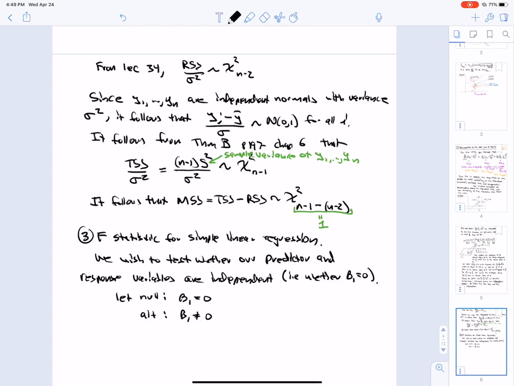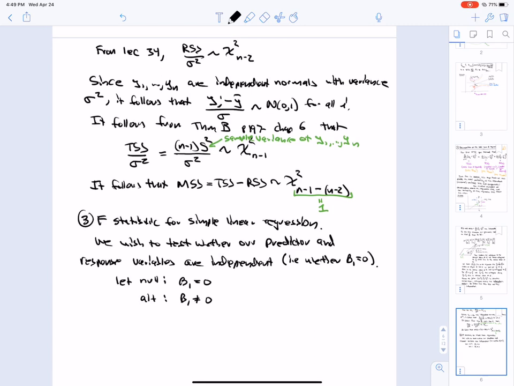That was shown in chapter 6 and is something we've used before. So it follows that the MSS, which is the TSS minus RSS, is going to be chi-squared with n minus 1 minus n minus 2, which is just 1 degree of freedom.